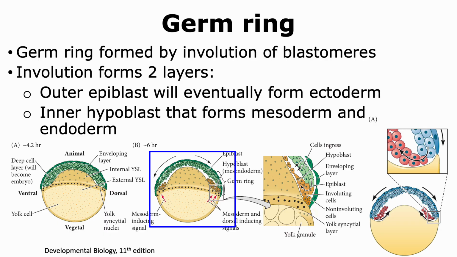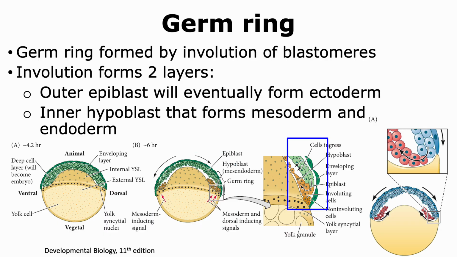Now, if we look at the figures, the figure in the blue box is showing the process of involution, where the blastomeres shown in green are coming down to cover the yolk cell, but in the process, involution also occurs where we can see those brown cells being pushed upward to form a second layer.